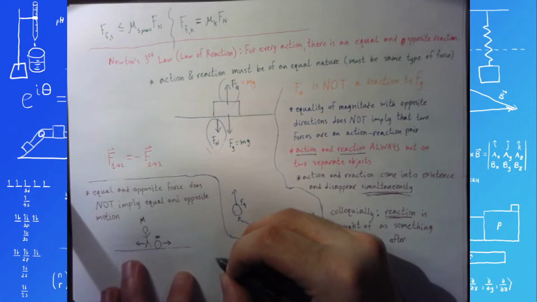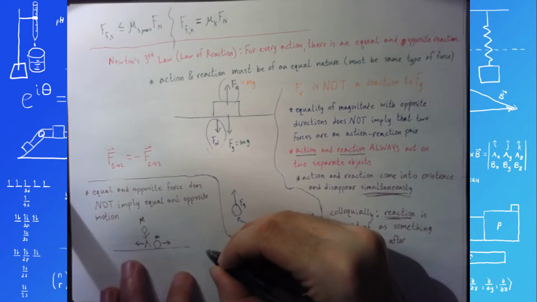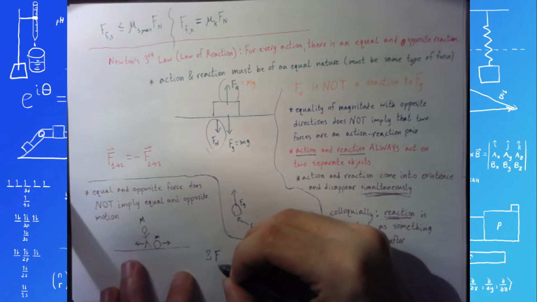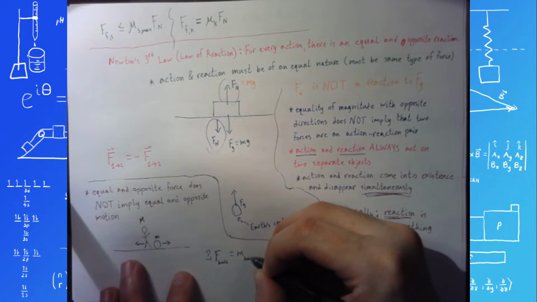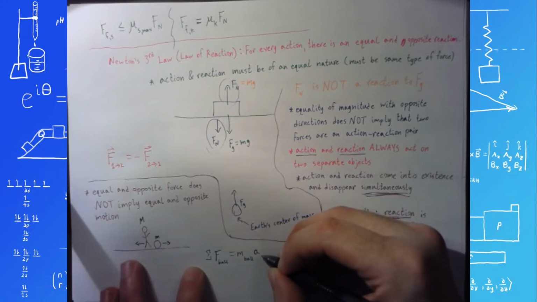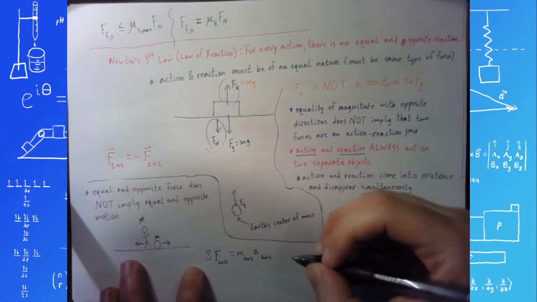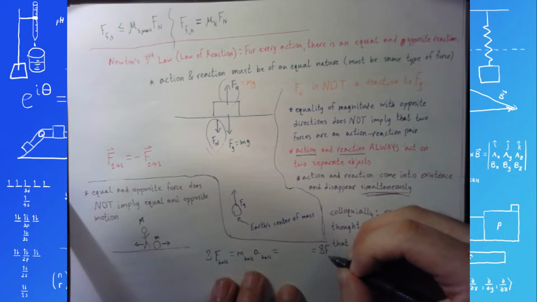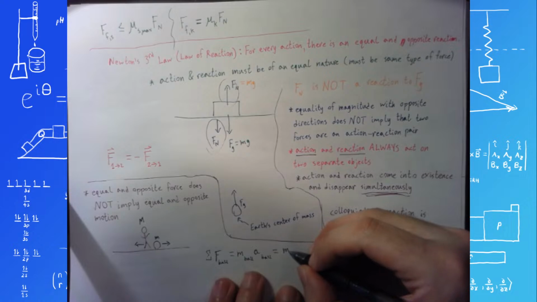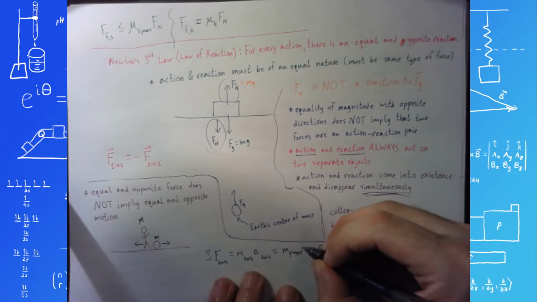So even for the same amount of force, if I do net force on ball equals mass of the ball times acceleration of the ball equals the net force on the player, which is equal to the mass of the player times the acceleration of the player.